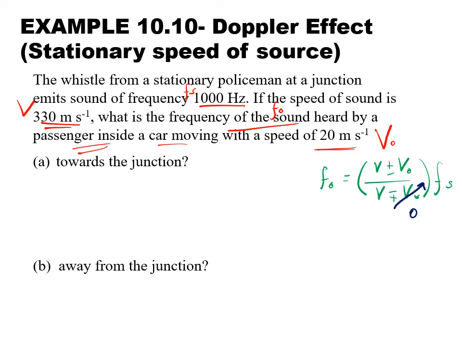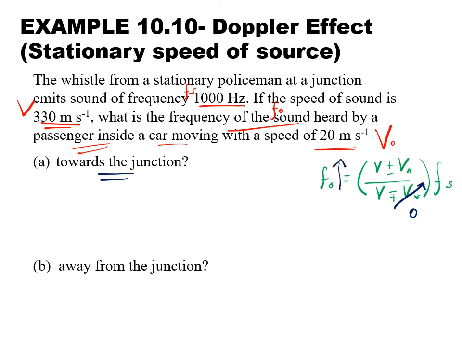and our F observer will be increased because the car is moving towards the junction. Approaching, the frequency of sound heard by the passenger towards the junction means the F must be increased.